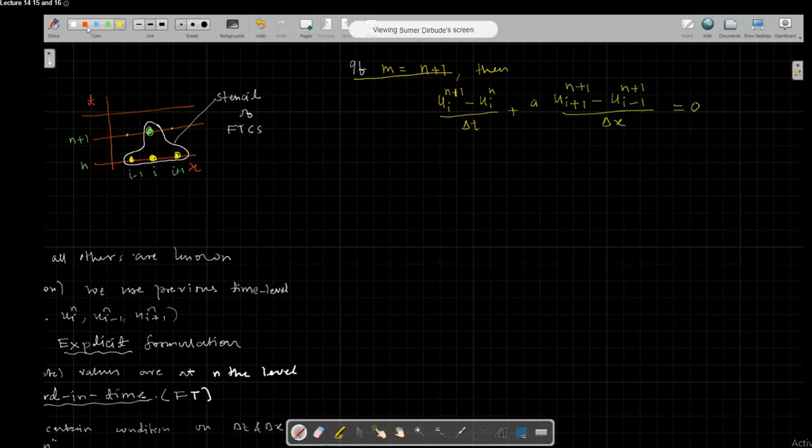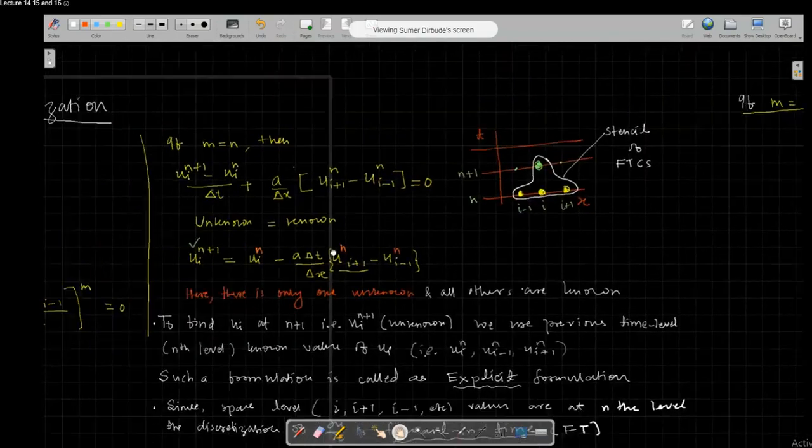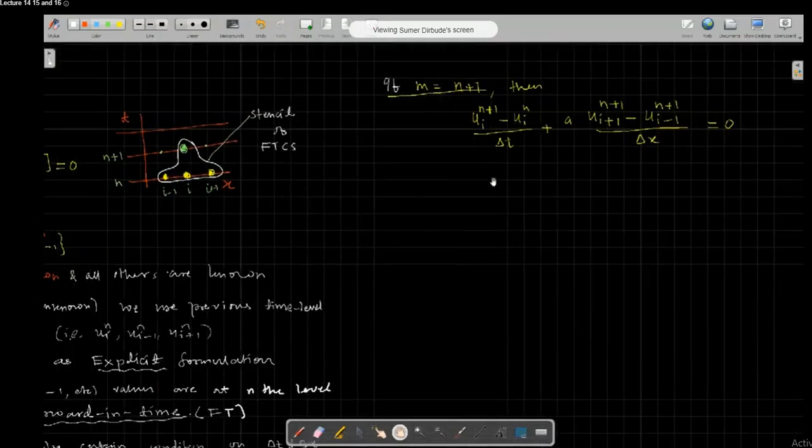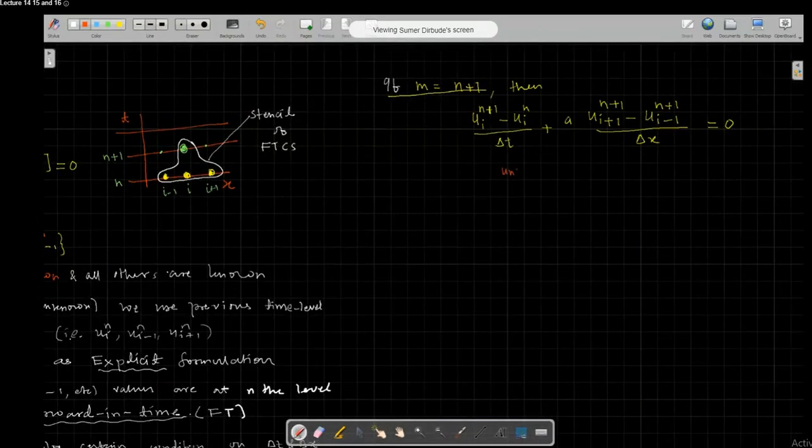Now here, what do you see? If you express this in terms of unknowns and knowns, now unknown is equal to known. If you do this, then how can I write this? A delta t by delta x.